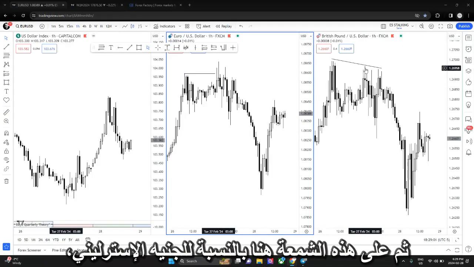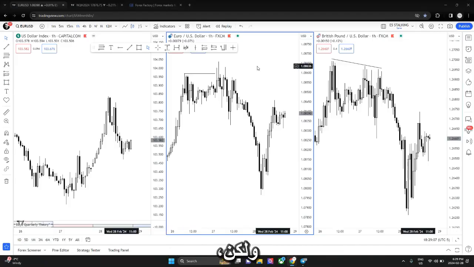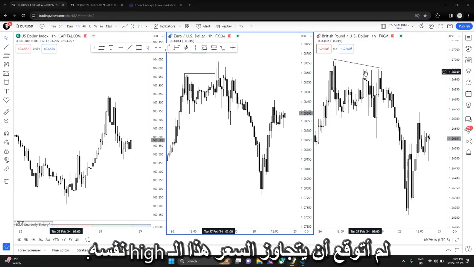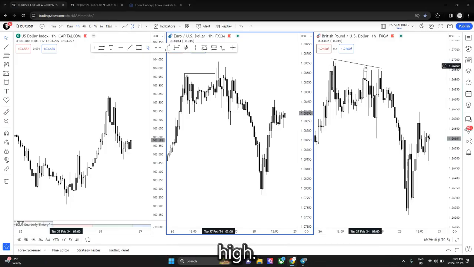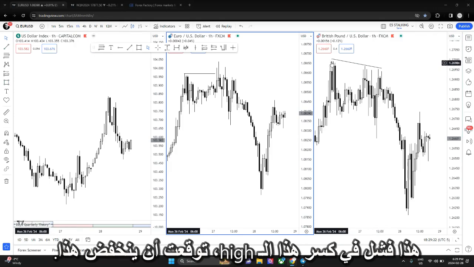Then on this candle right here, for the Great British Pound, price failed to get this high out. But what really stood out to me was this swing high right here. I did not expect price to go back above this swing high. And due to the fact that this failed to take this high out, I expected this to fall more.